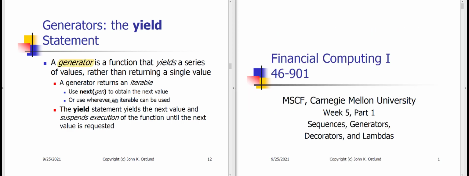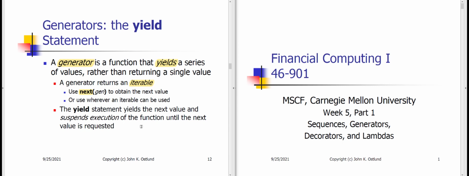So a generator is a function that yields some series of values, one value at a time, rather than returning a single value. What the generator function actually does is to return to you an iterable. You can store a reference to that iterable in a variable, and then you can step through that iterable using next or using a for loop, which of course just translates into using next repeatedly to get the next value from the generator.